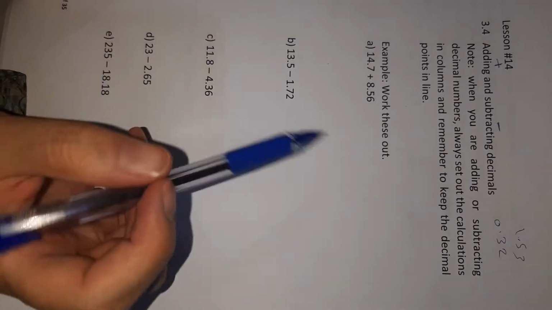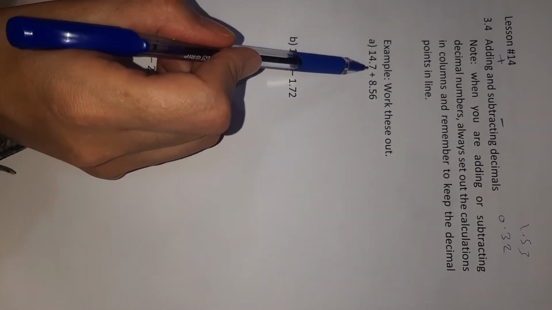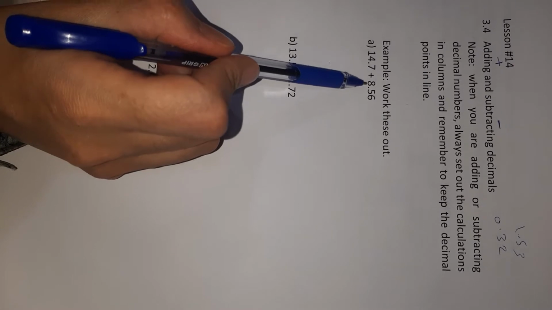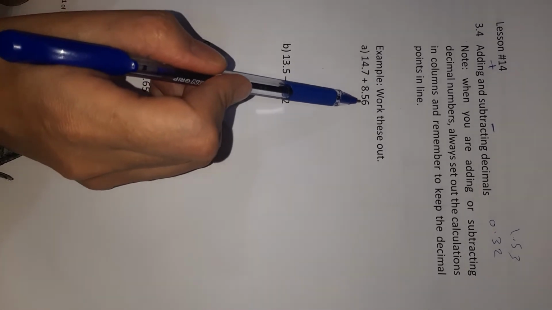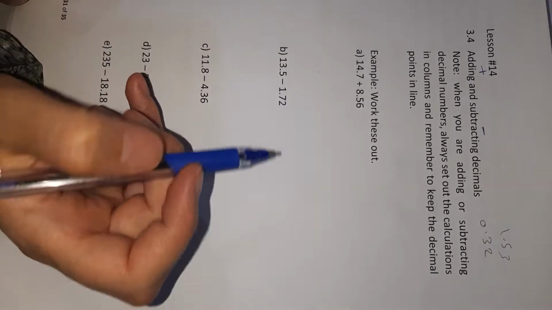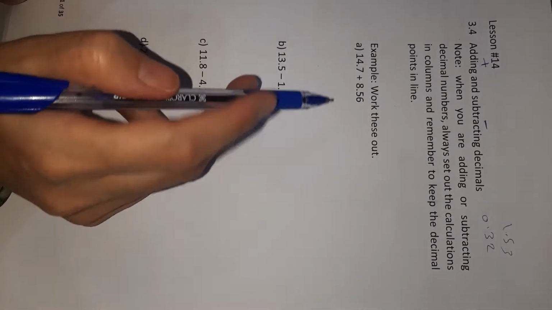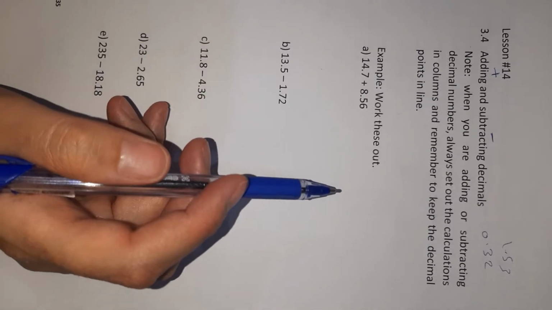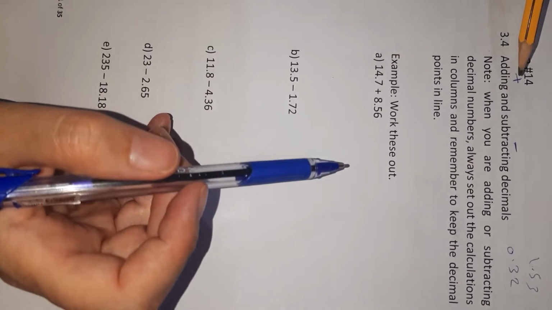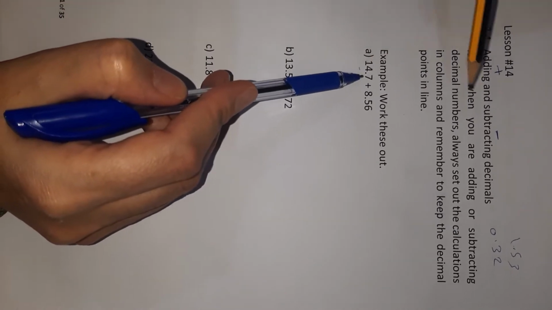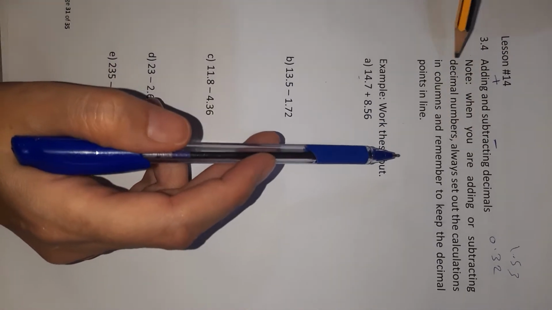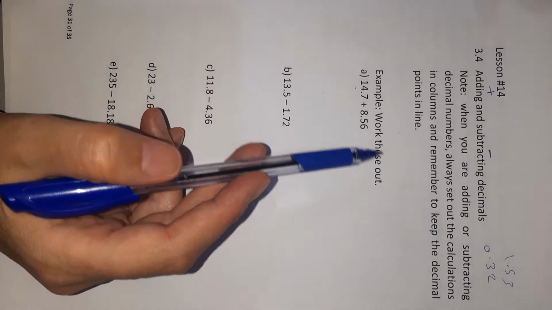Work these out. Here we have 14.7 plus 8.56. This is the tenths, this is the hundredths. How can I add these two decimals? By using the note. Always set out the calculations in columns and remember to keep the decimal points in line.